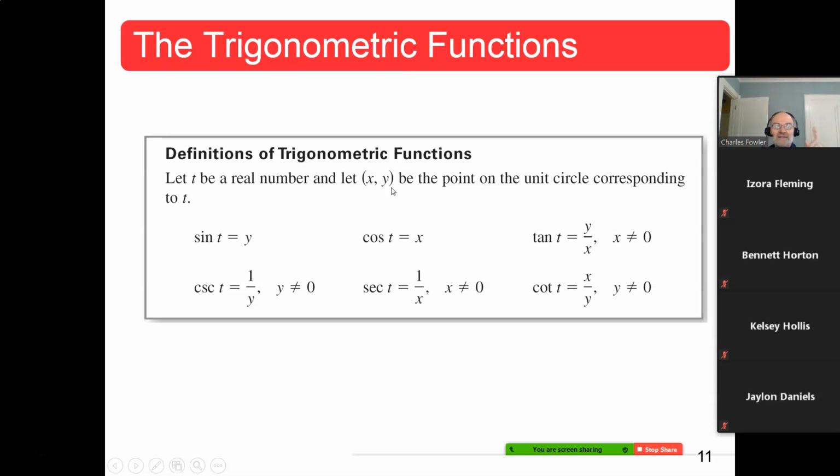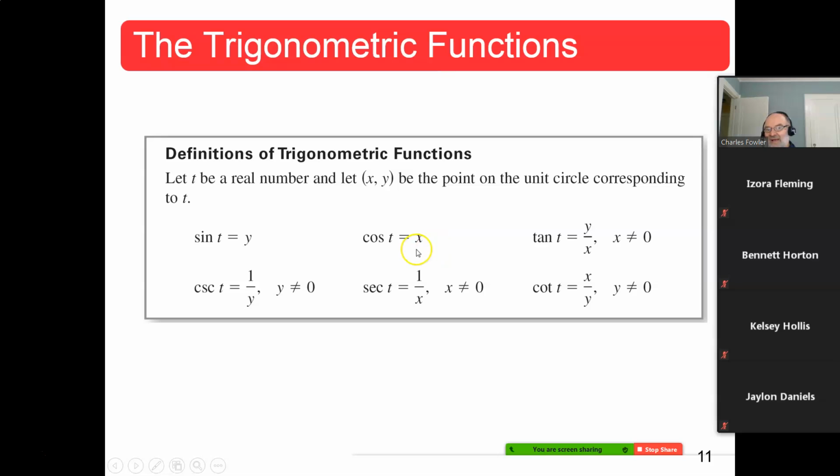Now, in reality, it's y over the hypotenuse. What is the hypotenuse? What's the radius of the unit circle? 1. So y over 1 is just y. But remember, sine of an angle t in radians is not always y. That's only true on the unit circle.